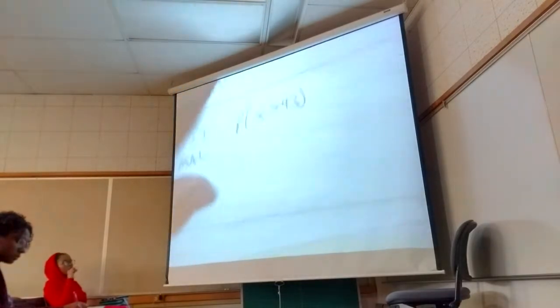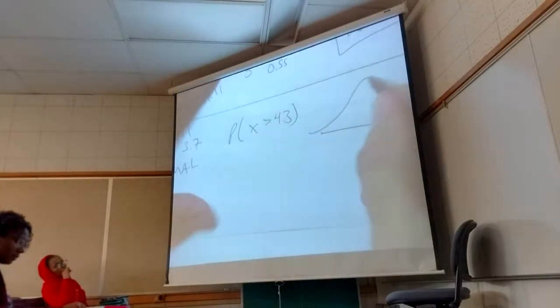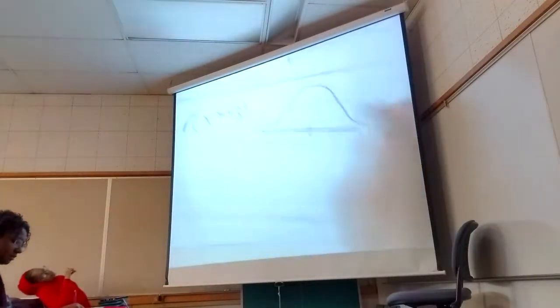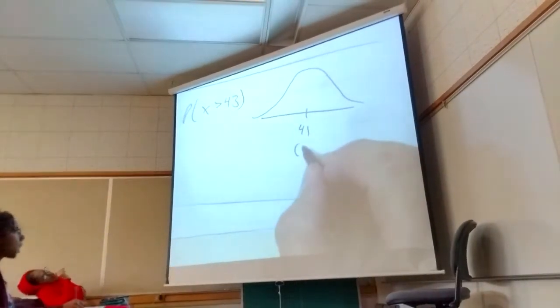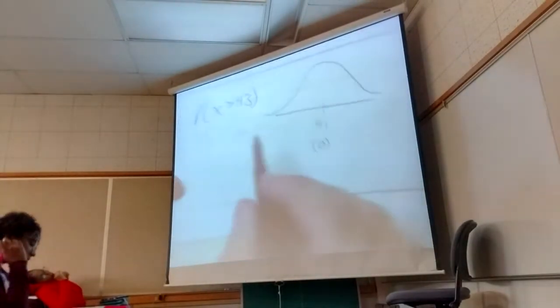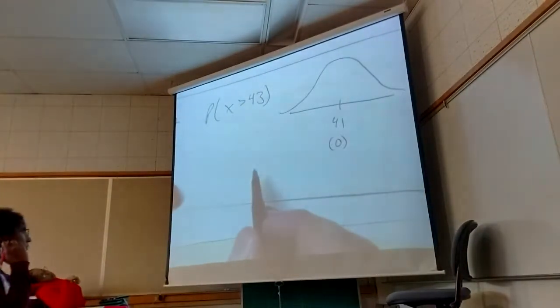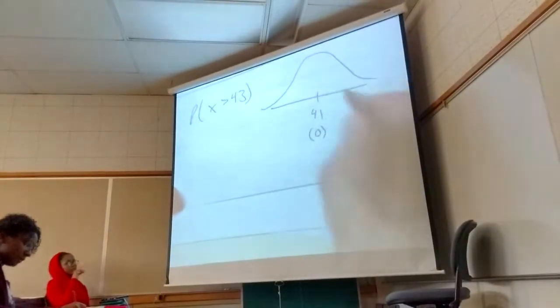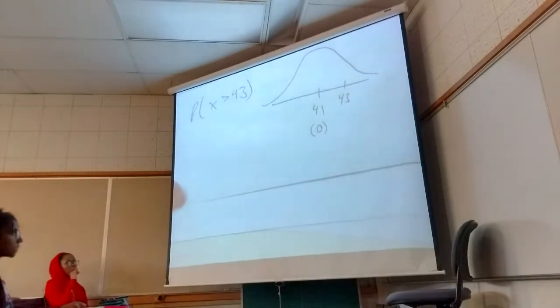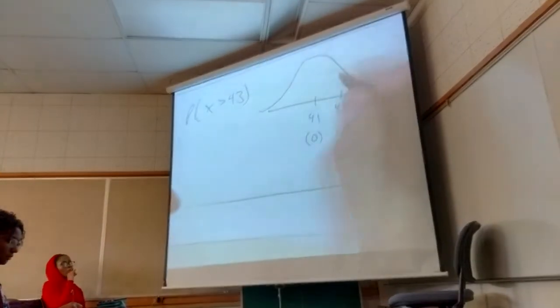So this is how I do this problem. What goes in the middle of this graph? Not 0. 41. Under that, I can put in parentheses 0, right? What point am I interested in? 43. Where's 43 at? To the right. I don't understand why there are people that just put them wherever they want to, and then the picture is not going to help. And then it's greater.